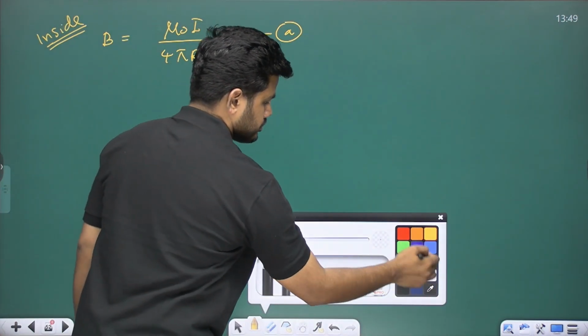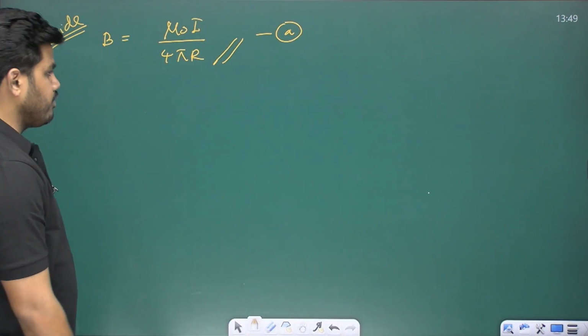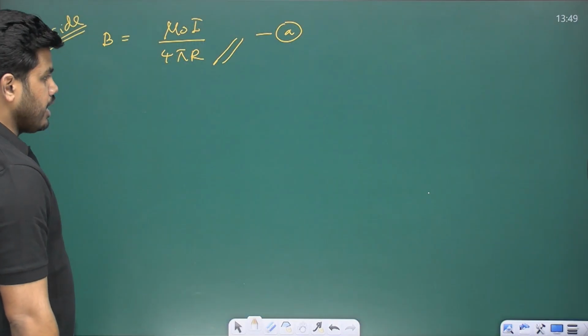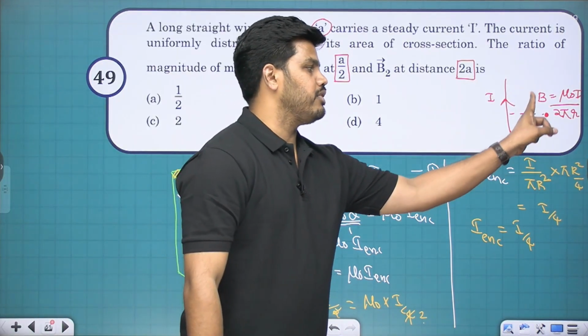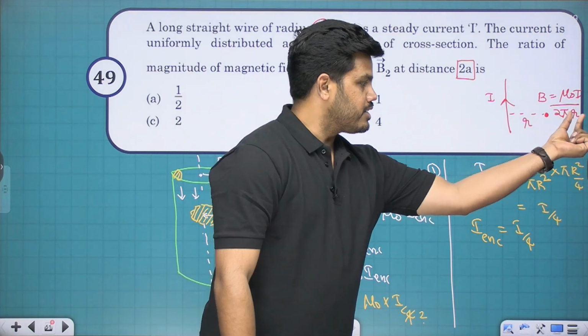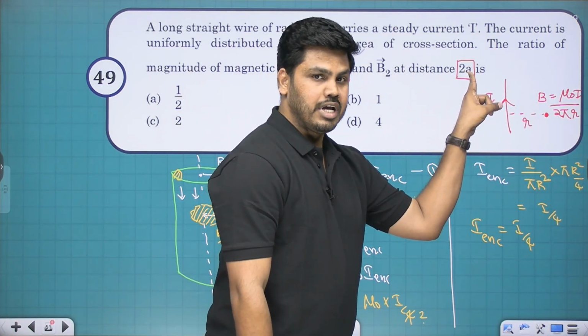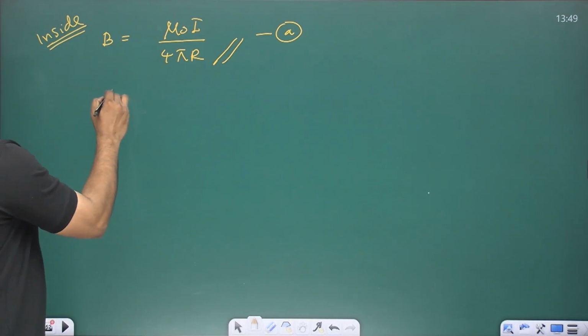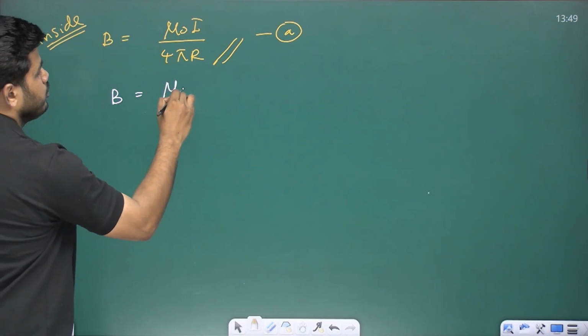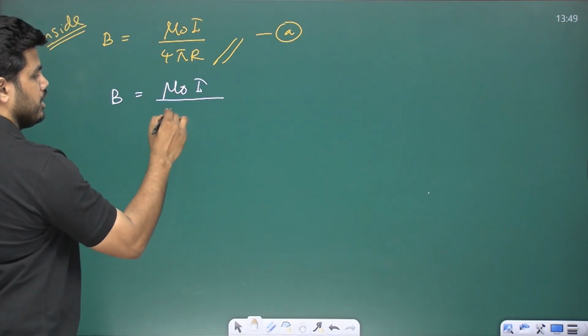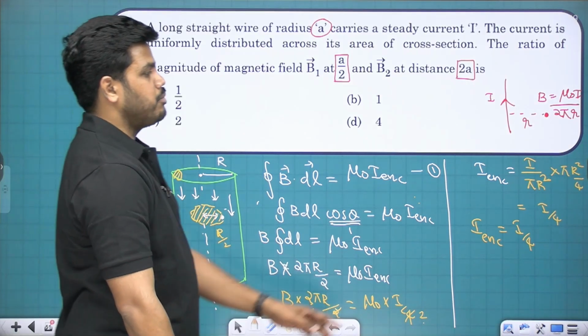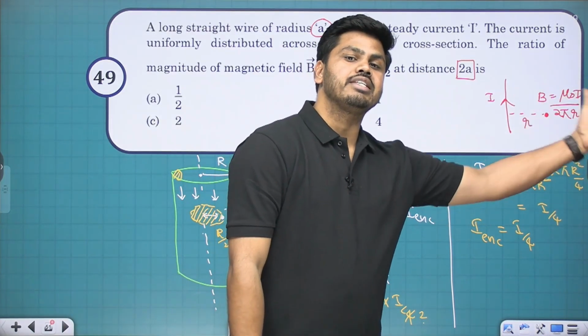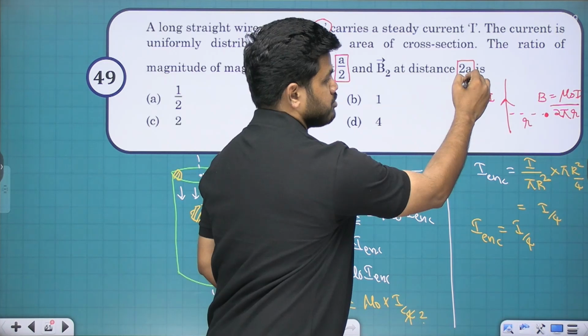Now, what will be the magnetic field outside the conductor? For that, we have a ready-made equation here, right? This distance is given as 2 times A, 2 times the radius. So 2R. B is going to be mu naught I divided by, what is the equation? Mu naught I by 2 pi into the distance. What is the distance? 2 times the radius, right?